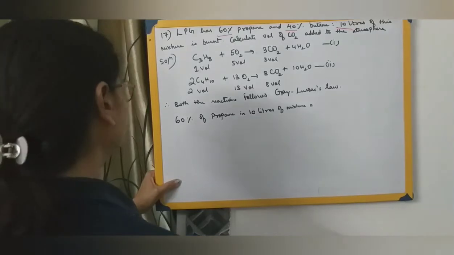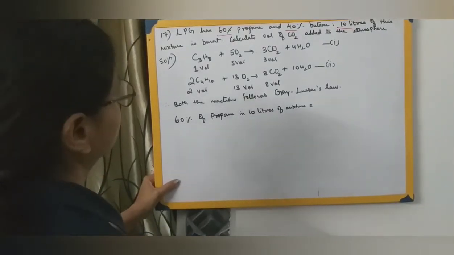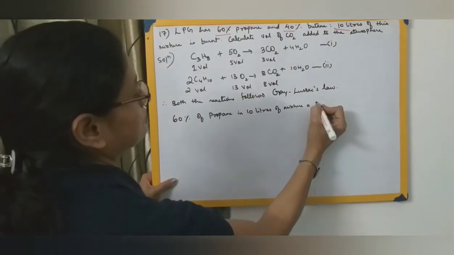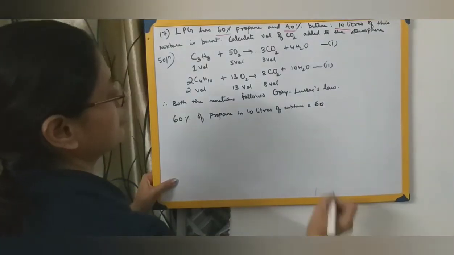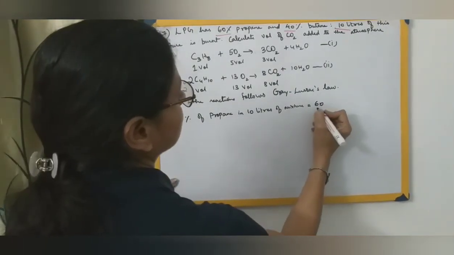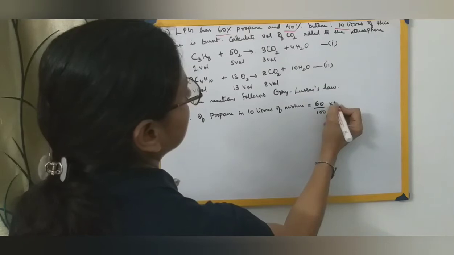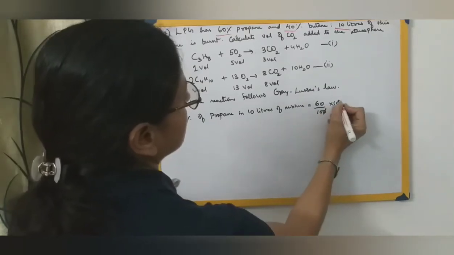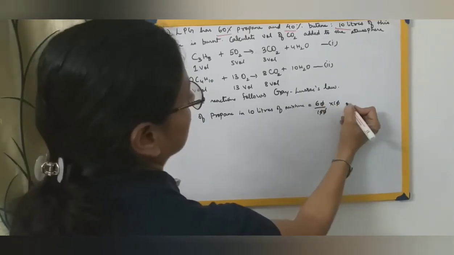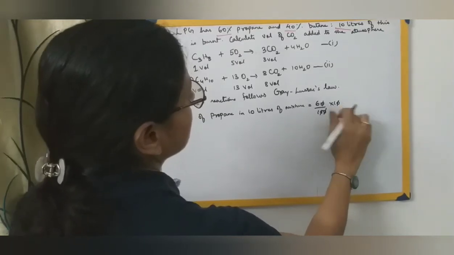So what we'll be doing over here? That is 60 by 100 into 10. So this cancels. We'll be getting over here 6 liters.